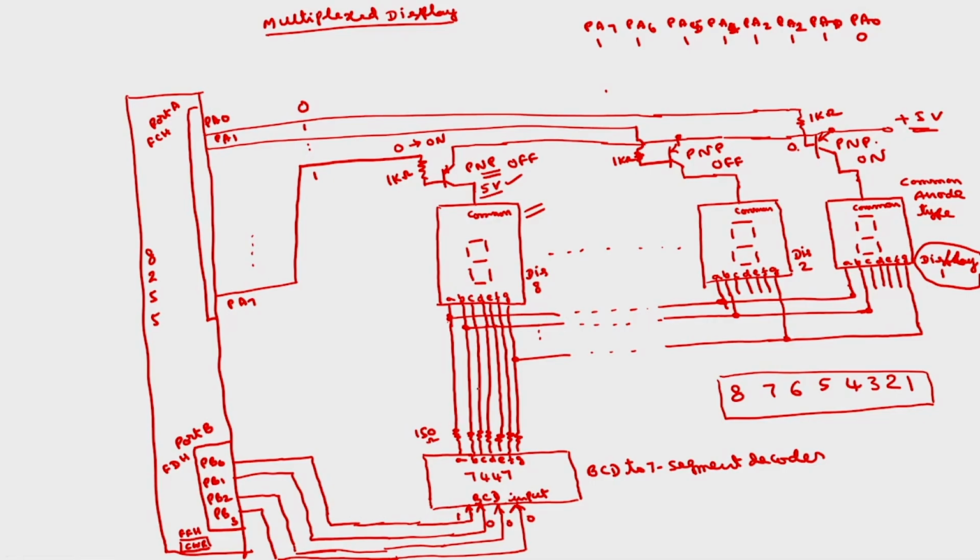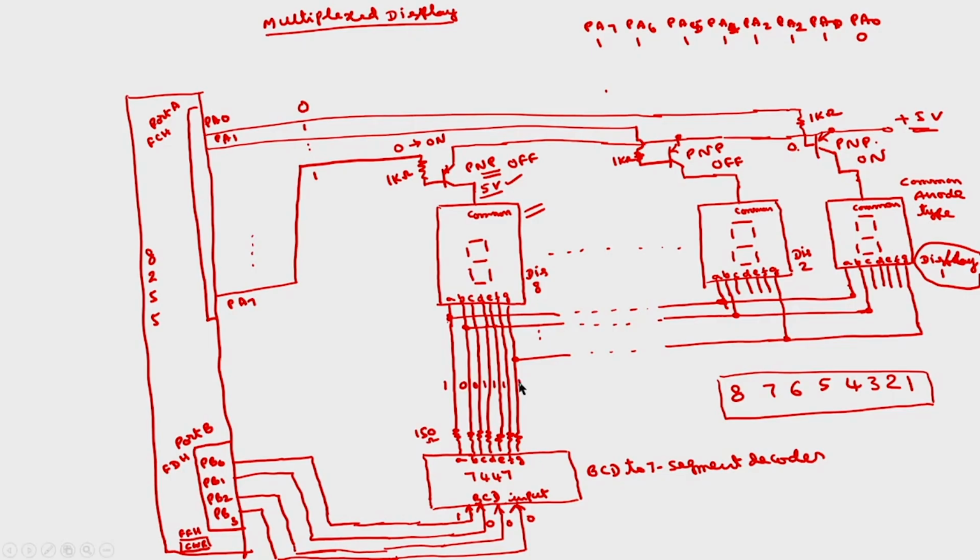So it will generate the corresponding code to display the 1. Because this is the common anode type, a 0 will light the corresponding segment, so the pattern will be 1, 0, 0, 1, 1, 1, 1.